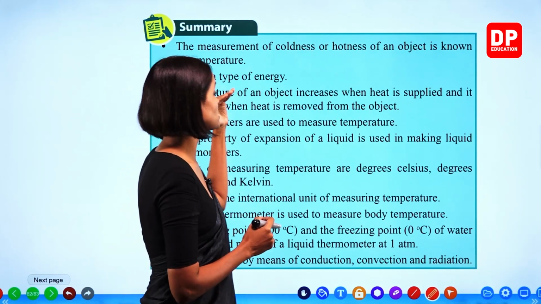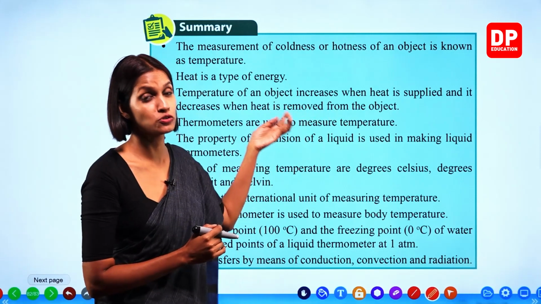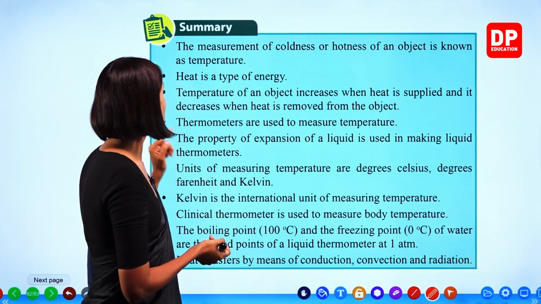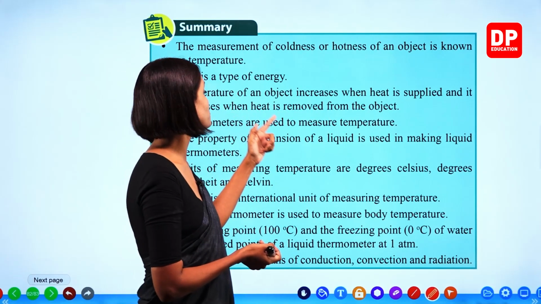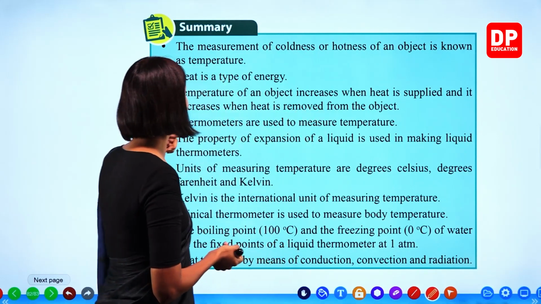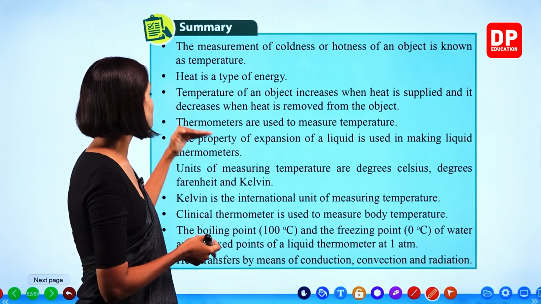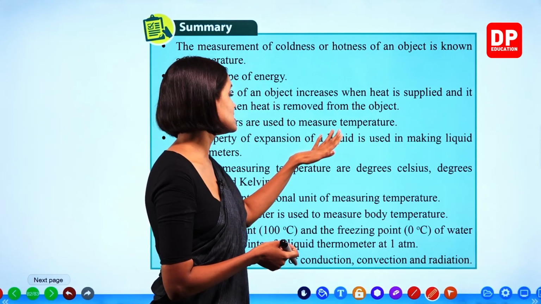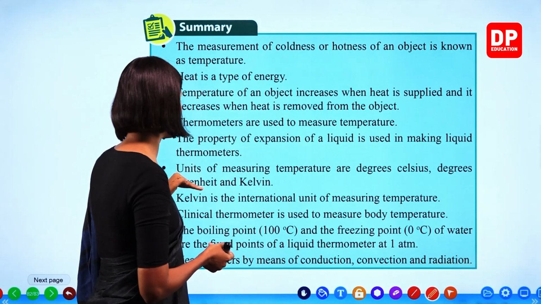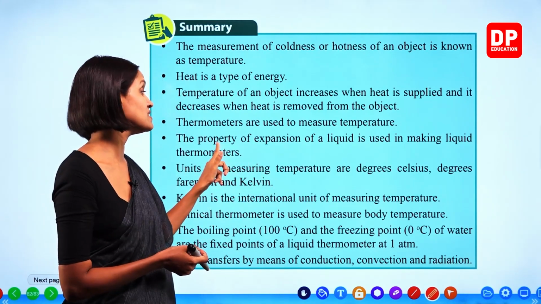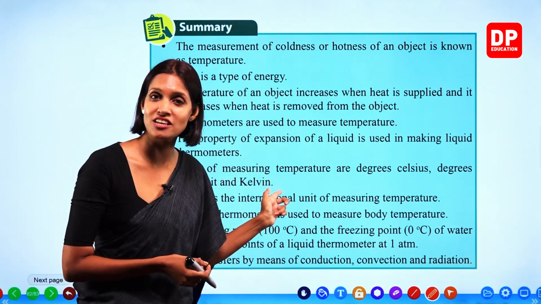Thermometers are used to measure temperature. We learned how to use thermometers too. The property of expansion of a liquid is used in making liquid thermometers. So units of measuring temperature are degrees Celsius, degrees Fahrenheit and Kelvin. Out of these three, Kelvin is the SI unit.